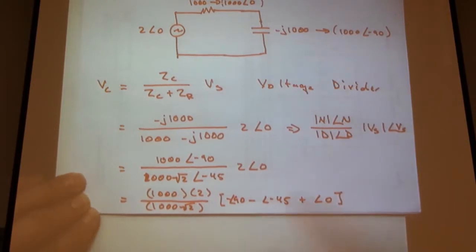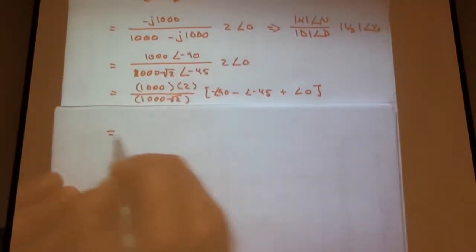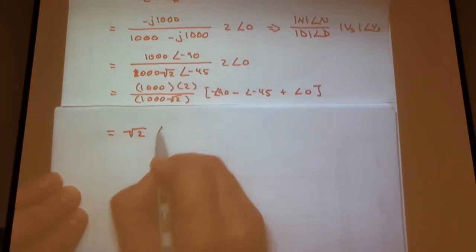And the order here doesn't matter. Subtracting the denominator there. And we do all that out and we wind up with something that looks like square root of 2 angle minus 45.